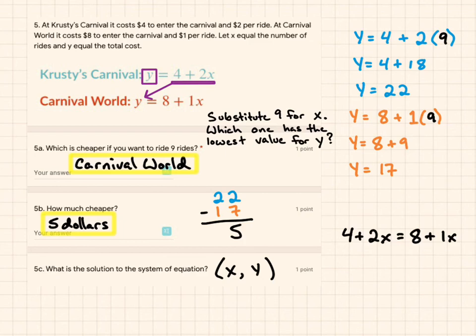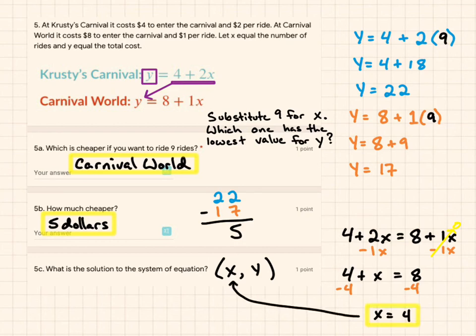To get x by itself, I'm going to subtract 1x from both sides. I get 4 plus x equals 8. If I subtract 4 from both sides, I get x equals 4. That's my value for x. That means after 4 rides, it's going to cost the same for both carnivals.